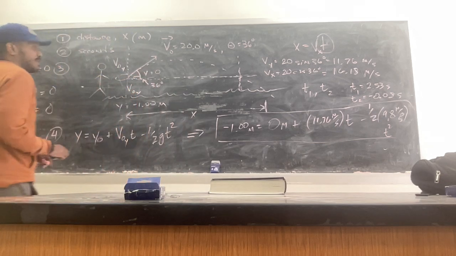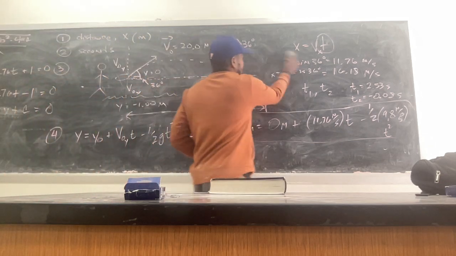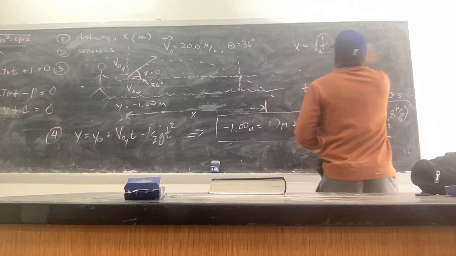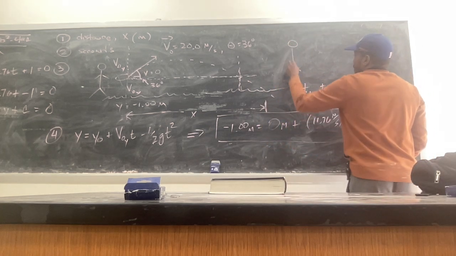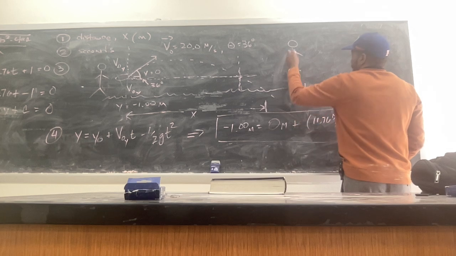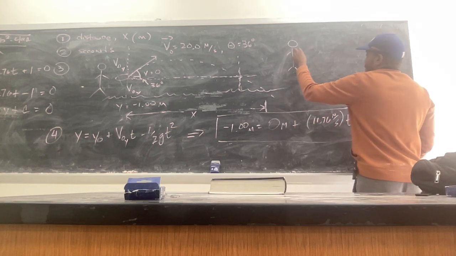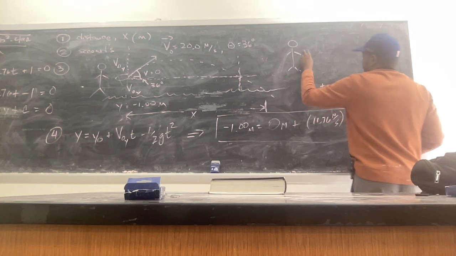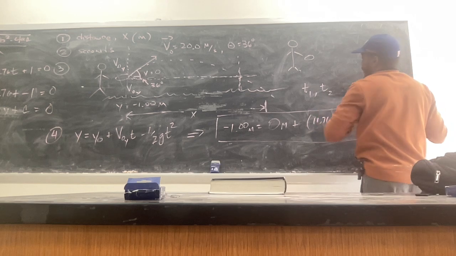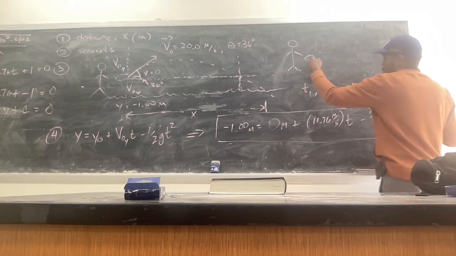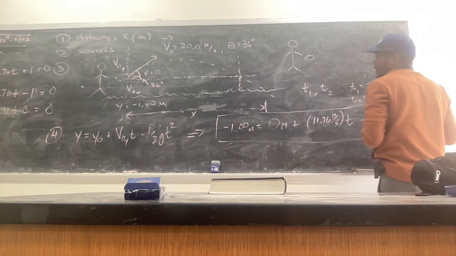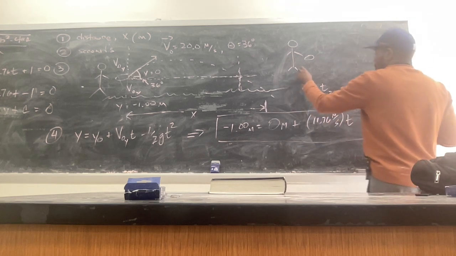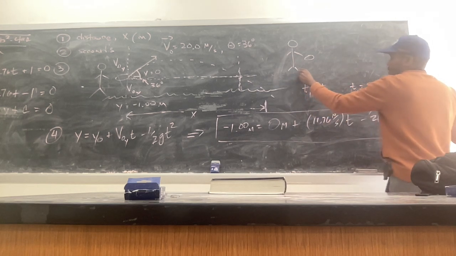I'll just draw a little picture over here. Maybe it might help you a little bit to understand what I'm saying. So imagine if the guy was here, or we can just keep it the same way. Let's say he kicked the ball from 1 meter above the ground, but in this case, we're gonna make the ground 0, right?